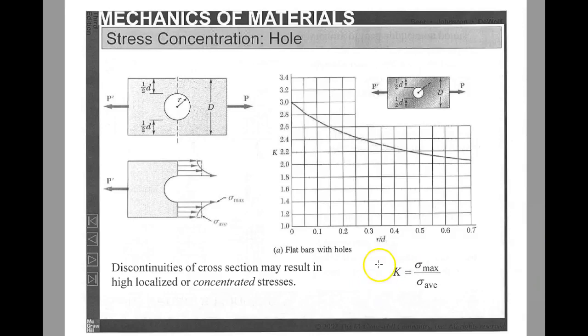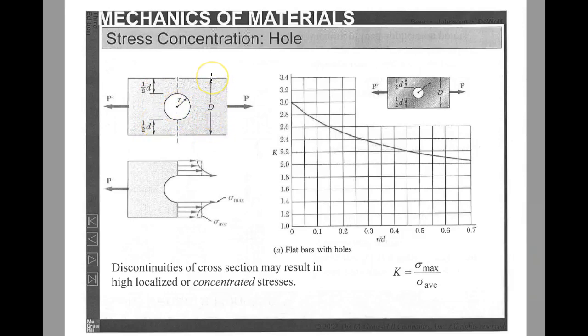So in a flat bar with a hole, you find on the x-axis, or the horizontal axis, the factor R over d. Well, what is that? R is the radius of the circle that's cut in the flat bar, and d, you'll notice, is small d, not capital D. d is actually the distance that is not taken up by the circle.